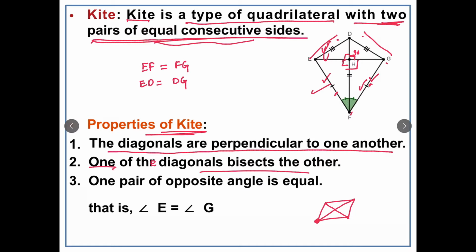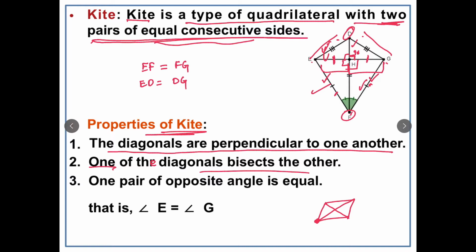You can see in this figure, this diagonal DF is bisecting EG. So this EH is equal to HG here. That's what the second property says.